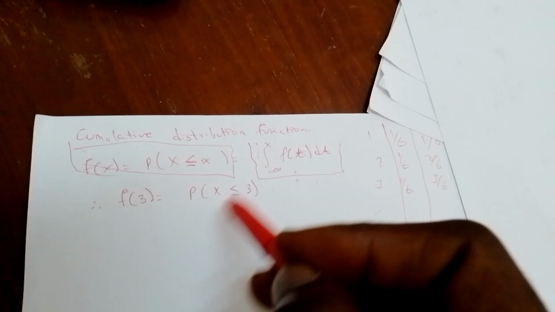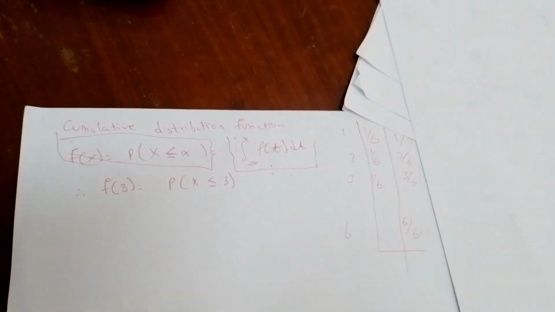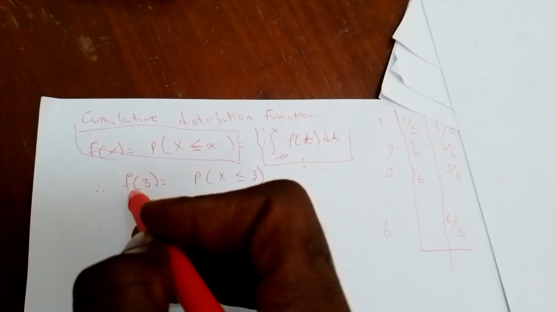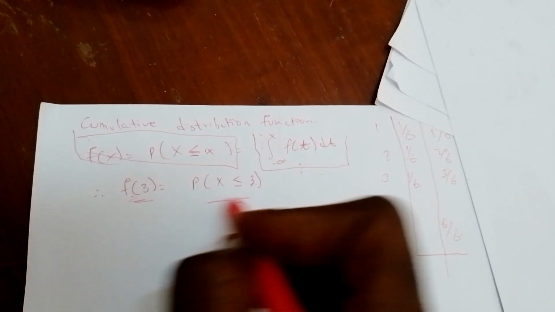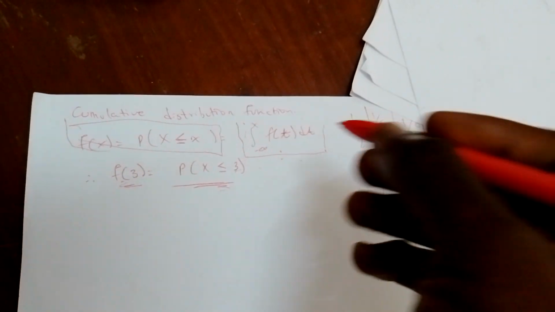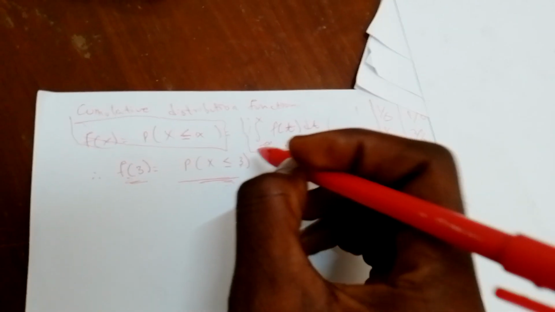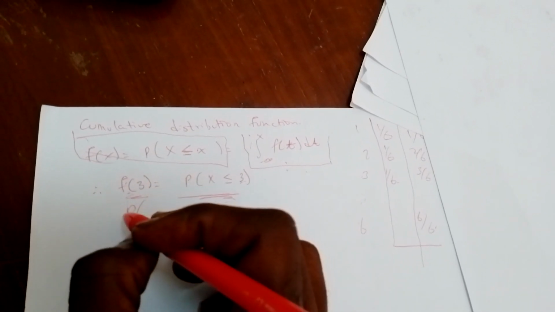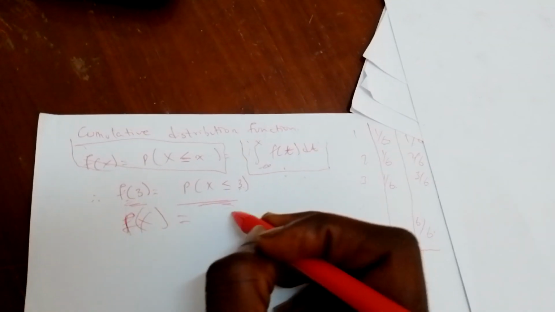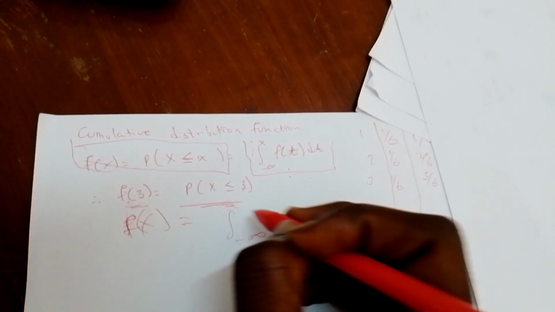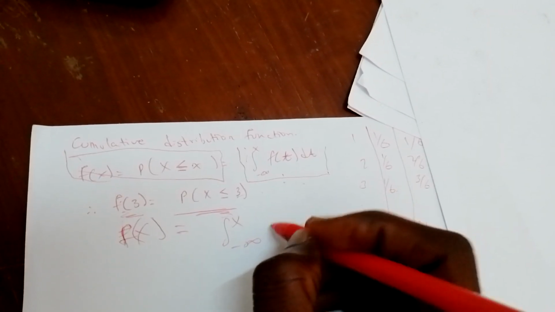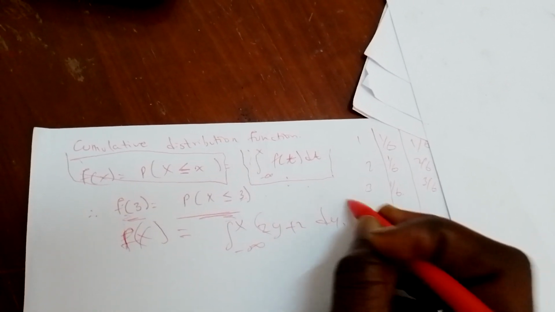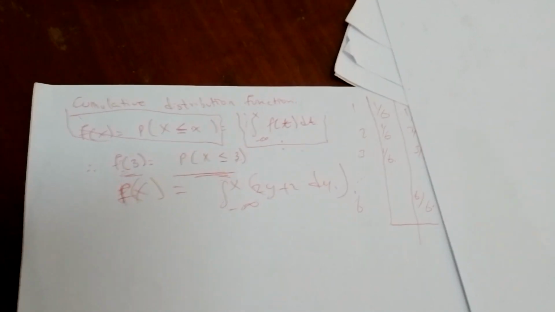So basically, if you are dealing in discrete variables, which we are not now, then for f of 3 it will look like this, right? And then if you had a function of it, let me just say your f of x to be some integral from negative infinity to x of, say, maybe 2y plus 2 dy, something like this.